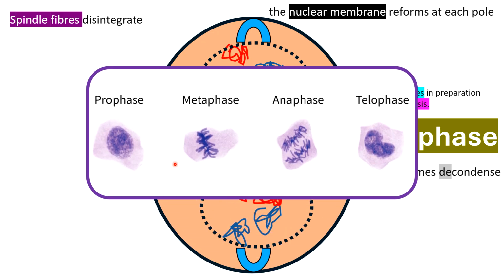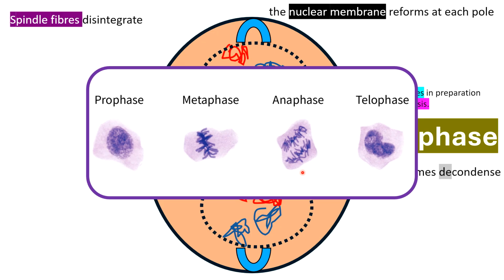Now, you need to be able to identify the different phases under a microscope. So, prophase, right here, where the nuclear membrane is disintegrating. That's why it has this texture. Then metaphase, where they line up, okay? The spindle fibers have formed here, and they're holding the sister chromatids by their centromeres.